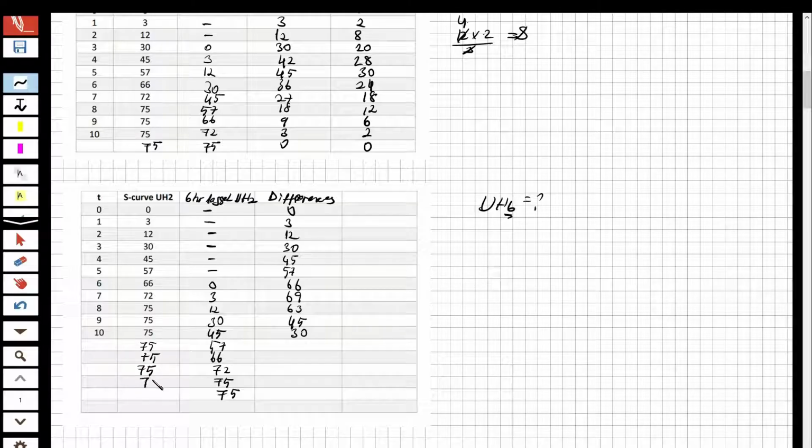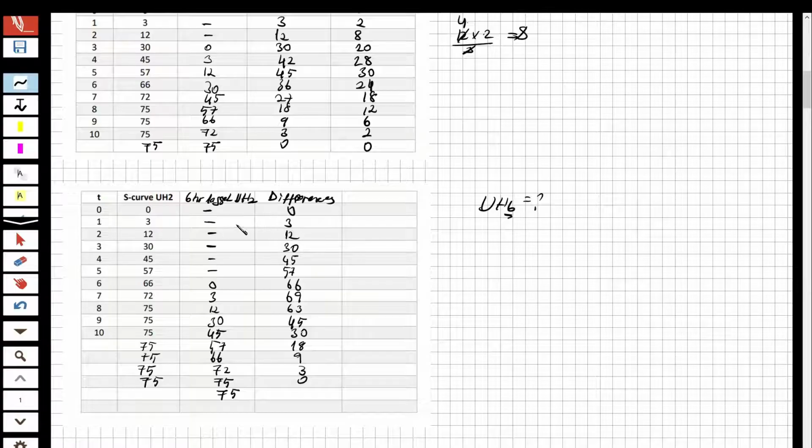You can write it until the last column. It's okay, because this all will be 75, because there is no difference measurement here. And 75 minus 57 is 18, and this is 9, this is 3, and this is 0.